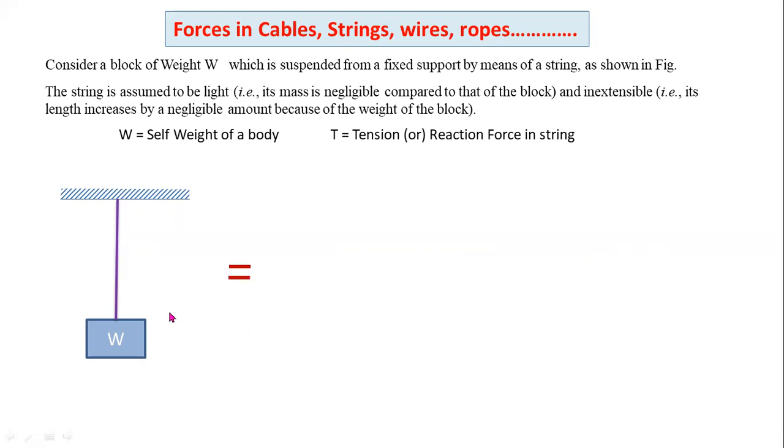Now how to convert this given diagram into a forces diagram. Here you can observe this is a given body. The self weight of the body always acts vertically downwards. So you have to consider this self weight W as a vertically downward force.